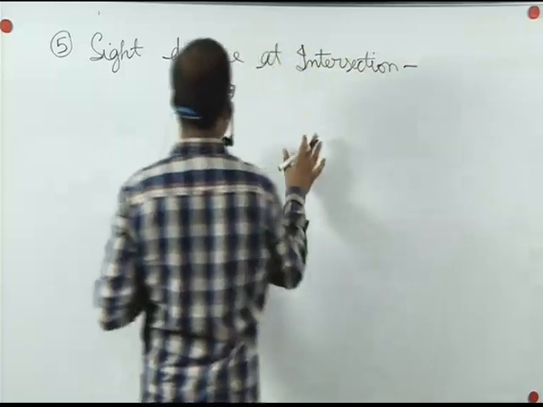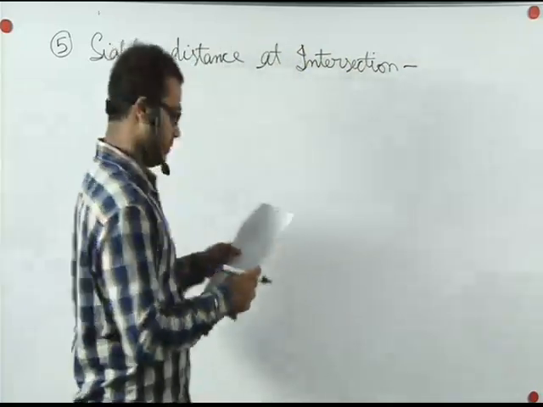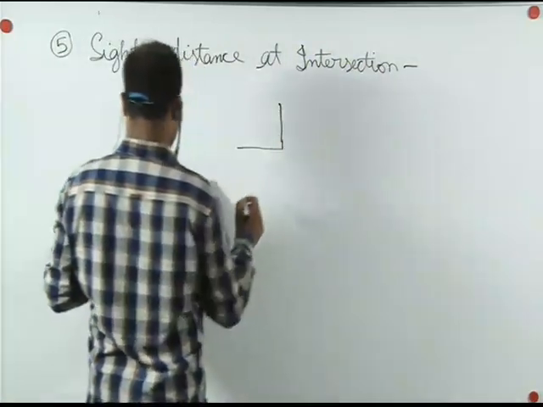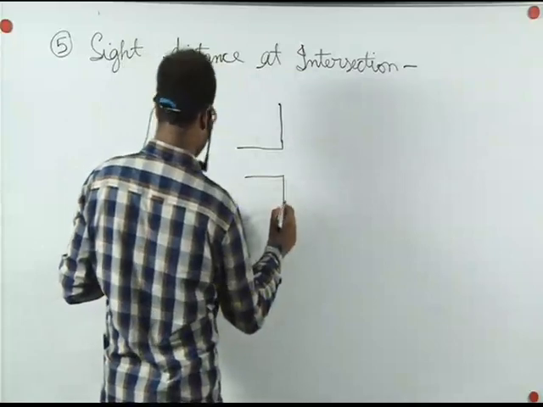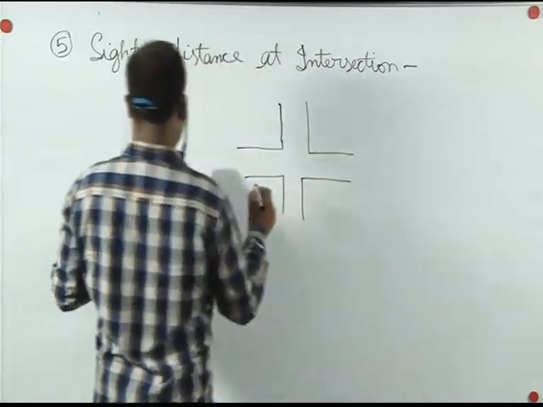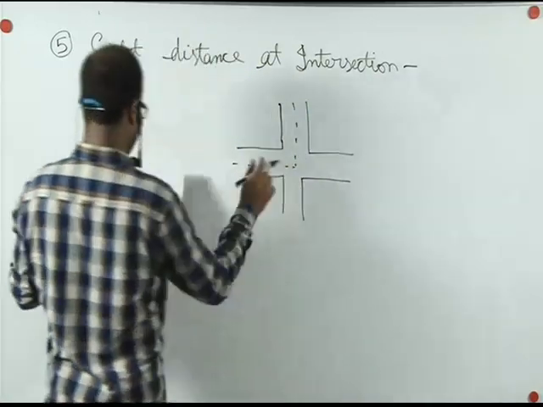So for this particular sight distance, I would like to show a schematic representation. Like this is a road system, and vehicles are going in generally this particular direction.